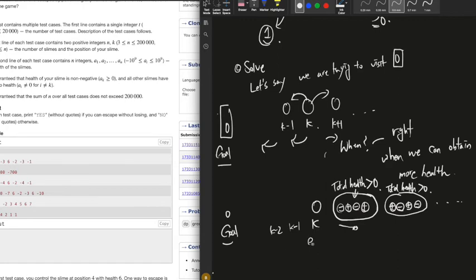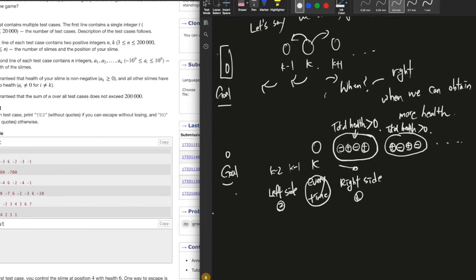So every time we think about the right side first, and then go to the left side, since it's our way to go to the goal. Yeah, that's the greedy way.